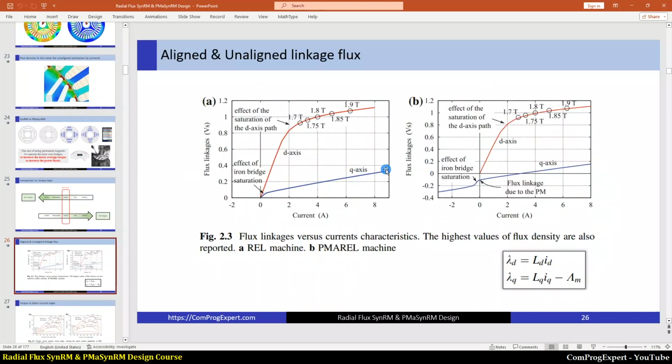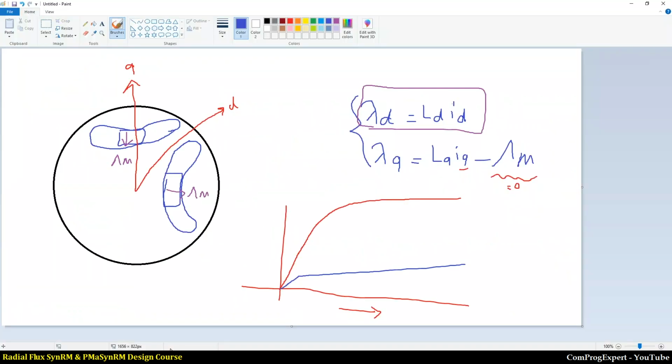the value of reluctance is high and is determined by the rotor geometry. So the blue curve depends on the rotor geometry, and you remember the area between the aligned curve and unaligned curve determines the value of average torque.